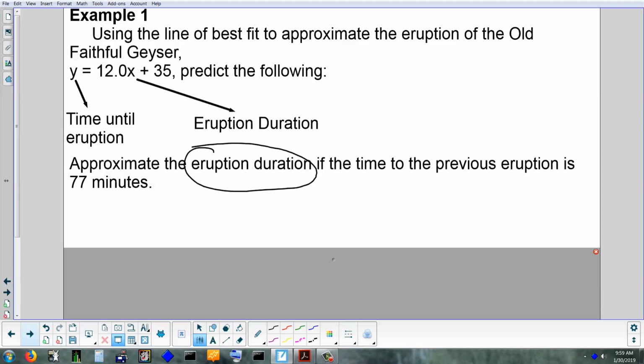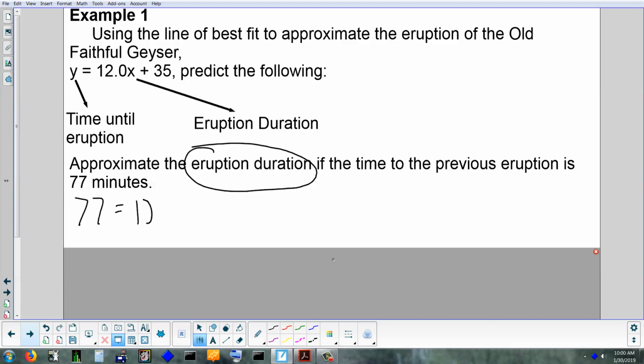So when I set up my equation based on this data, right, instead of y, what am I going to write? Garrett, instead of writing y, what am I going to write? 77, right? Because I know that now. 77 equals, what am I going to write next? 12.